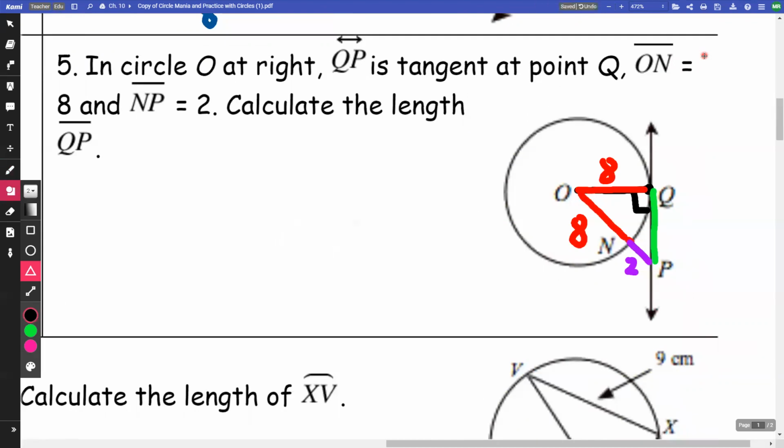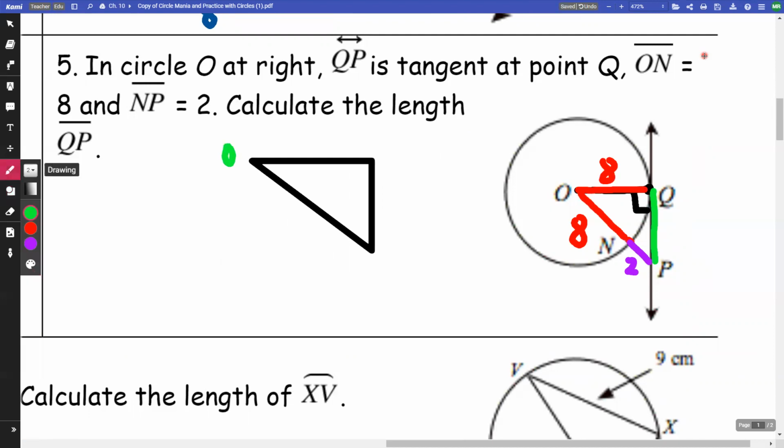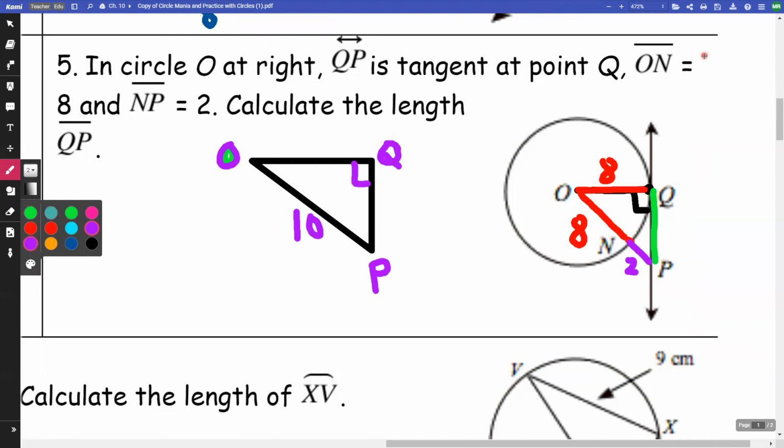We'll draw it the same way. This is O, this is Q, this is P. We know that this is 10. This is our right angle.